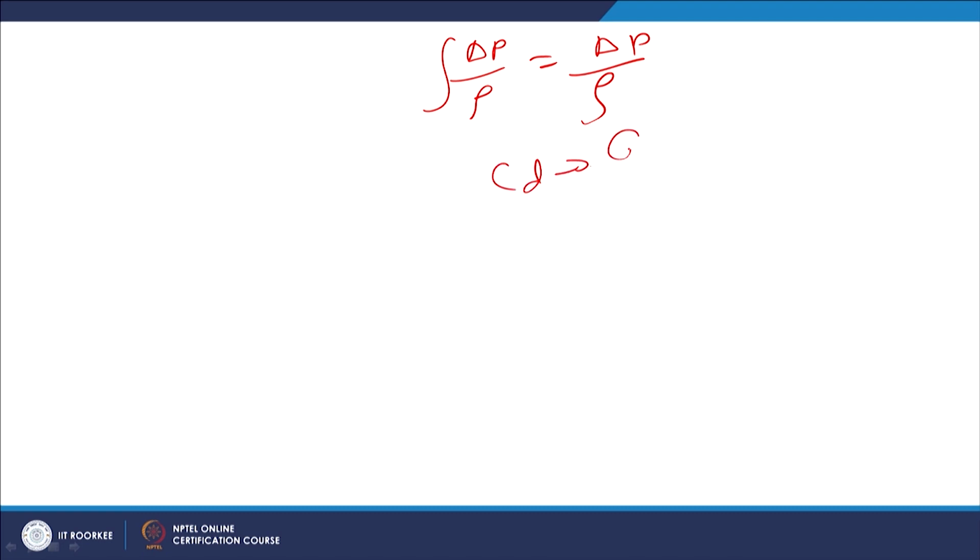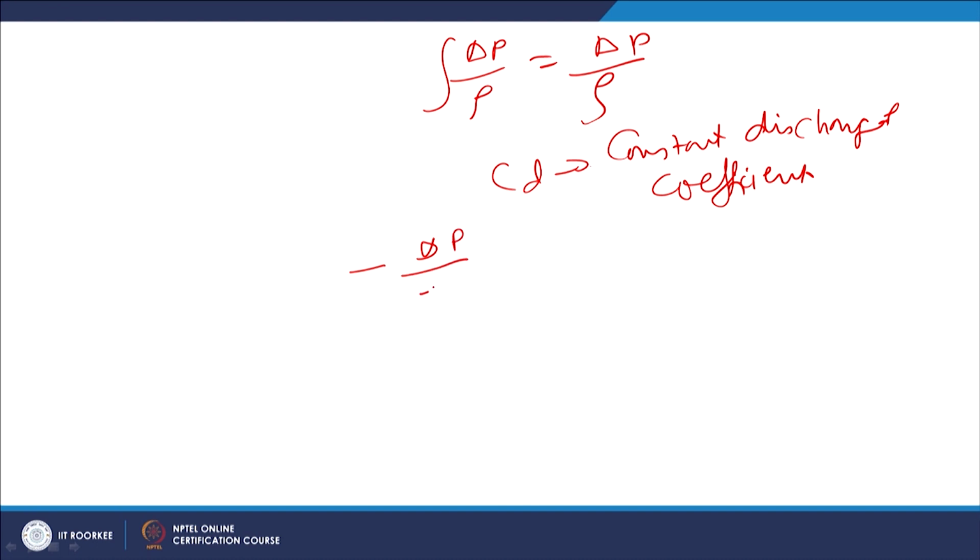CD is the constant discharge coefficient. So the equation comes out to be delta P upon rho minus F is equal to CD square delta P upon rho. It is just like this after applying all these assumptions.